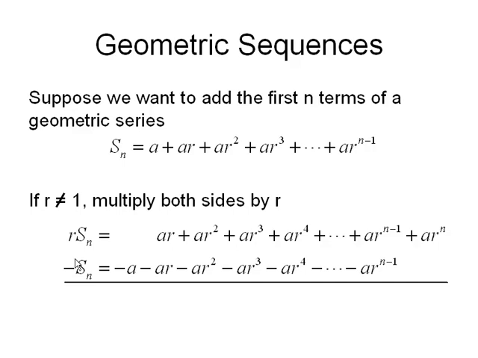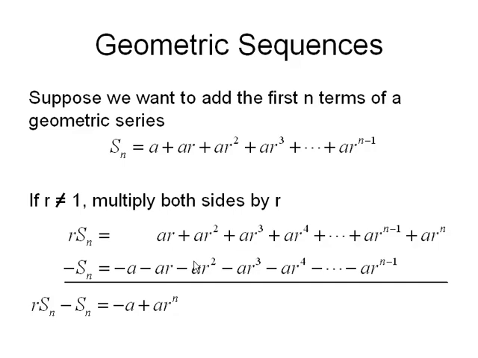And what you'll notice is that between r times S sub n and the opposite of S sub n, I see a lot of terms in common. They both have the ar squared, the ar cubed, and so on. So I'm going to add these together so that all those terms that were in common but have opposite signs cancel out.